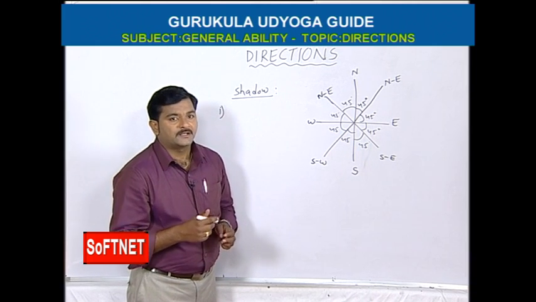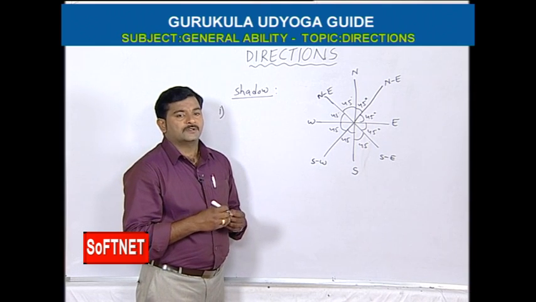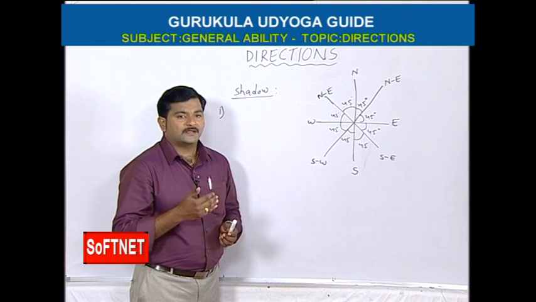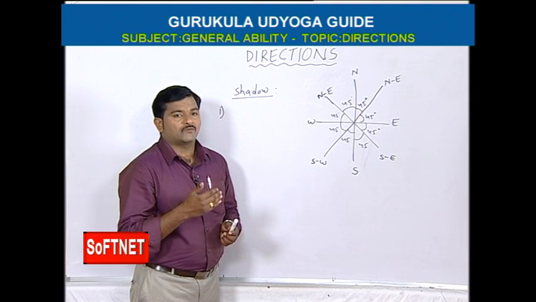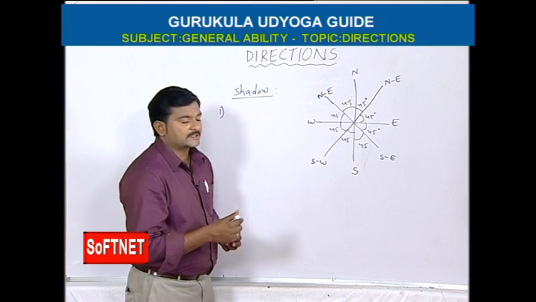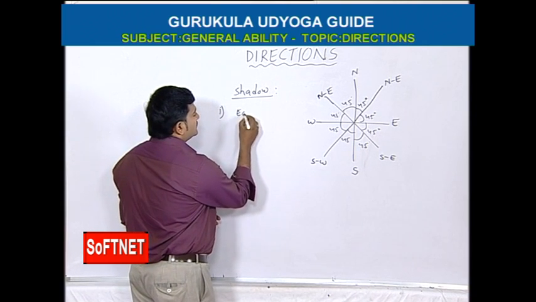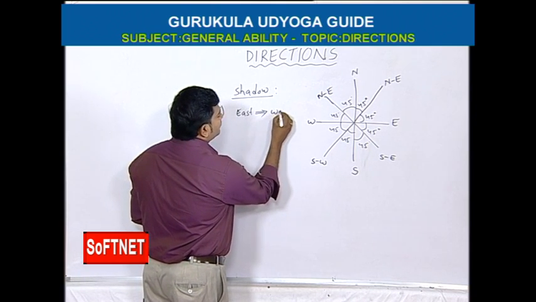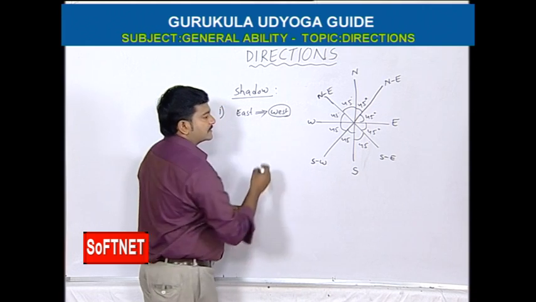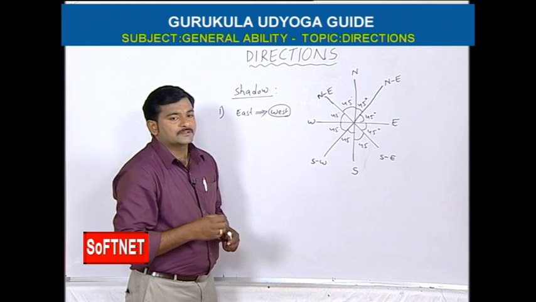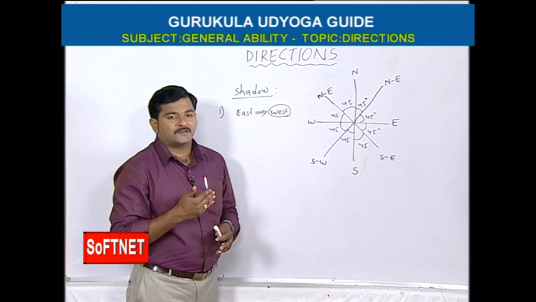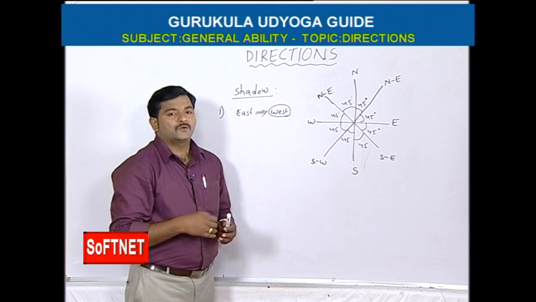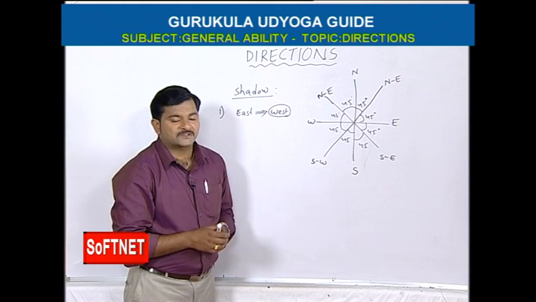I repeat this first point once again. So at the time of sunrise, if the person is facing east direction, then his shadow will be towards west direction. That is the first point in shadows.